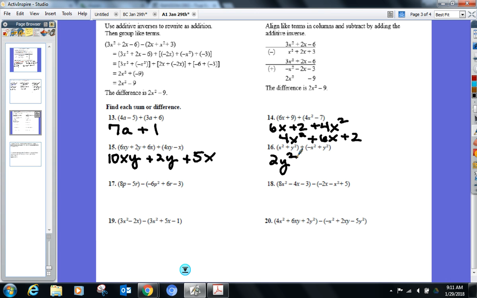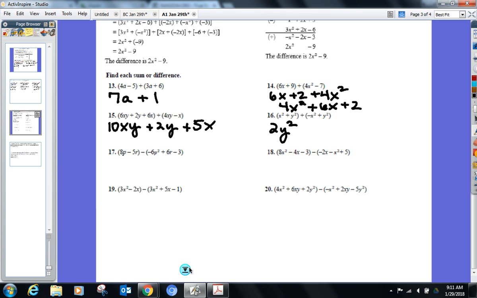Because I got to end today with some subtraction, which is a whole new ball game. Everyone ready for subtraction? Okay, before you subtract, does everyone see that we're subtracting? I need to take that subtraction sign and apply it to the polynomial to the right. Here's what I mean. You're going to rewrite this for me. 8p minus 5r.